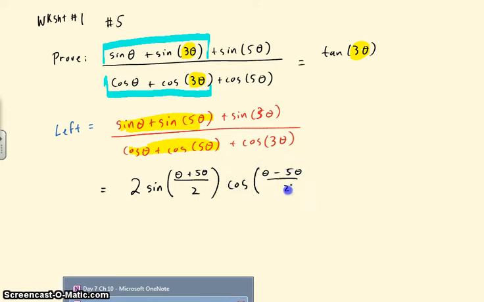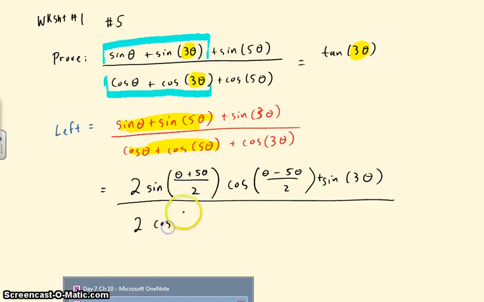I'm writing this half the difference out just so that you can see it. And that sine 3 theta is still there. Sorry, that's a plus sine 3 theta. On the bottom, I'm going to apply the cosine plus cosine identity. So this is 2 times the cosine of half the sum times the cosine of half the difference. Alright, so I have that step.